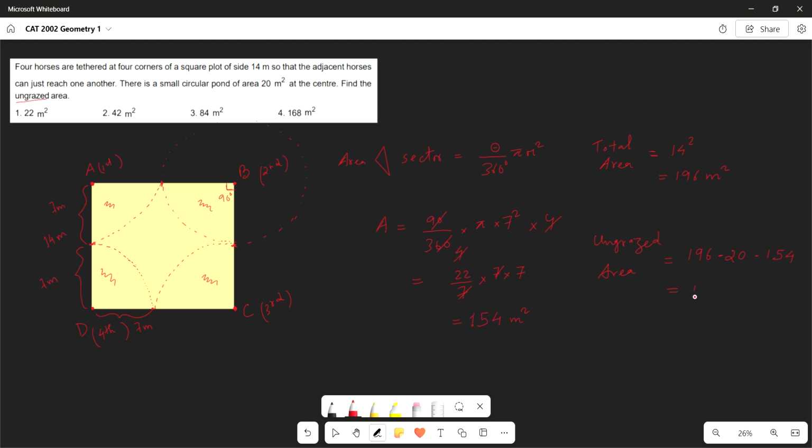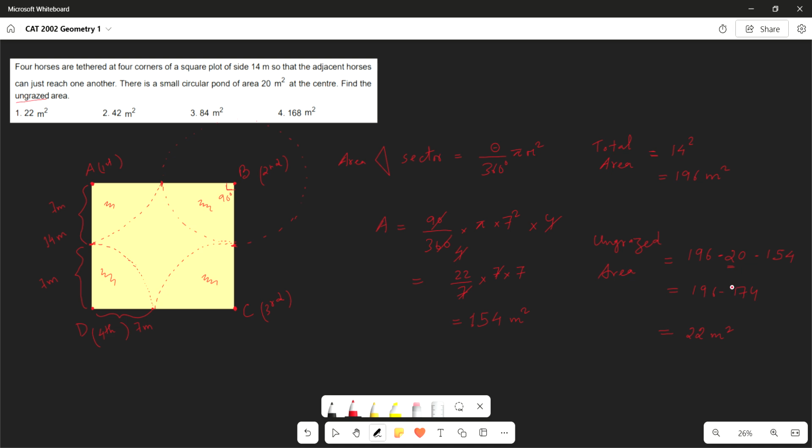So this is basically 196 minus 174. So what will be the answer? It will be 22 meters square. Some of you might get confused why I'm subtracting this 20, but please remember that the circular area will anyways not be grazed.